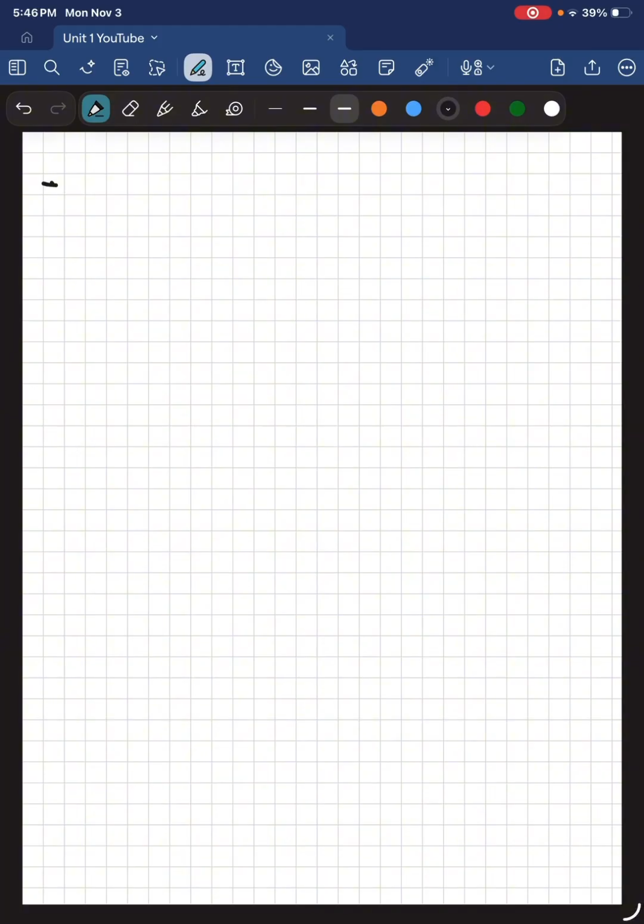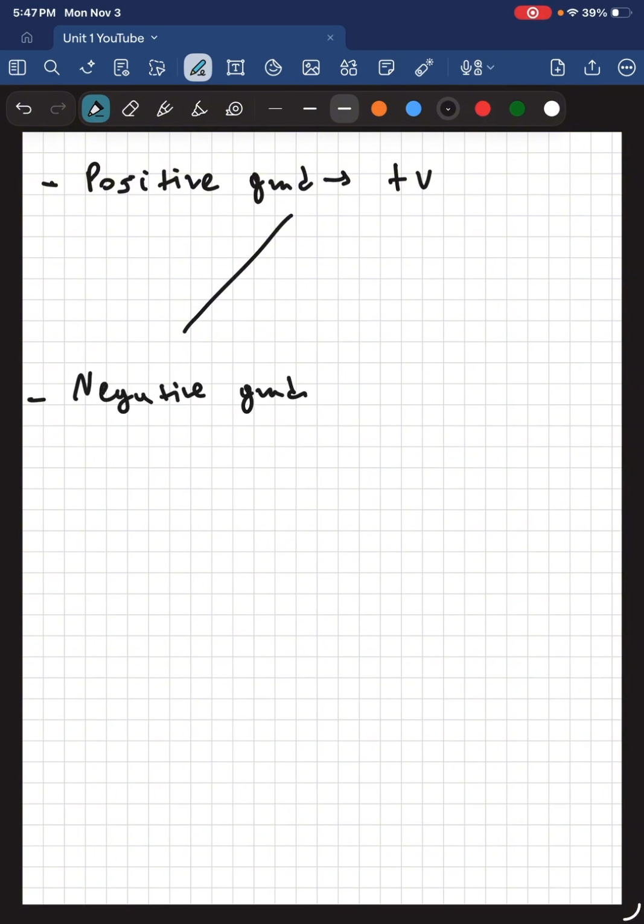A positive gradient means a positive velocity, and a positive gradient looks like this. Then a negative gradient means negative velocity, which means the object changes direction and moves in the opposite direction.